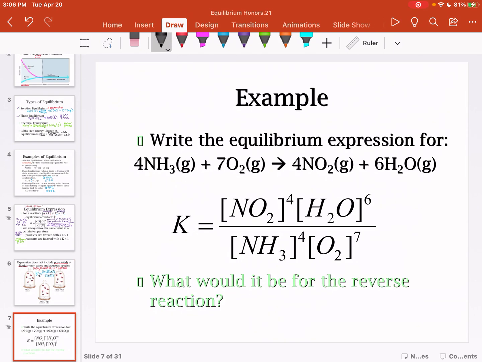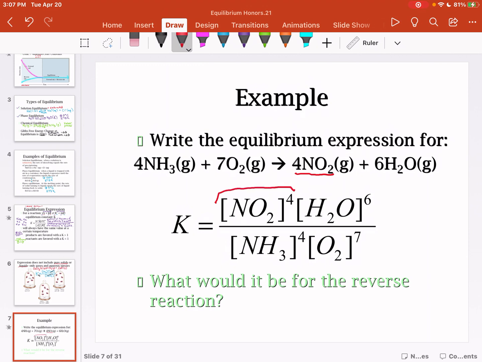So let's try to practice writing an equilibrium constant expression for this substance. I'll pause the video and let everybody have a little practice at it. And if you try not to look down and see the answer, hopefully you will notice that we would have the products go in the numerator. We've got our NO2, and it was raised to the 4th power right here.